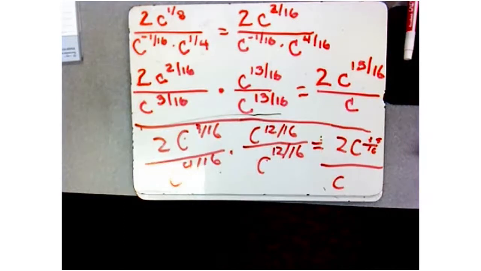Alright. I'm reading the paragraph below the example. When you solve a radical equation, it is very important that you check your solution. Sometimes you will obtain a number that does not satisfy the original equation. Such a number is called, and this is my favorite, extraneous solution.